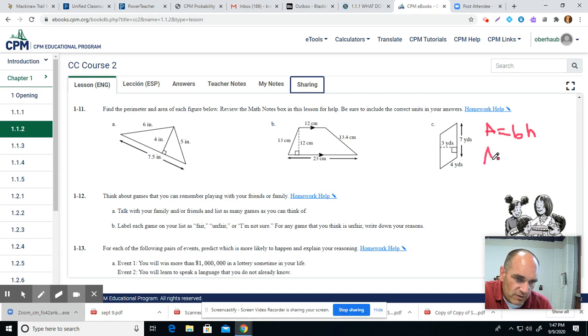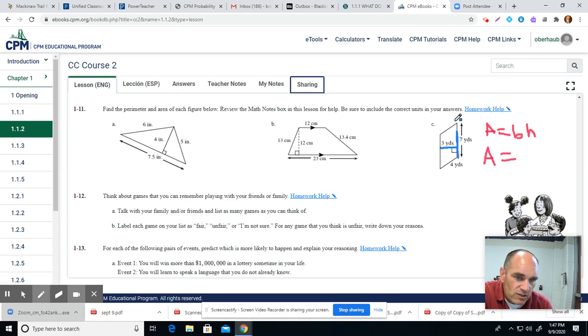Now, step two, substitution. So A equals, now, back to earlier, how do we always know base and height? That right angle right there. That forms a 90-degree angle. So I know that this line and this line are my base and height. So this and this form a right angle.